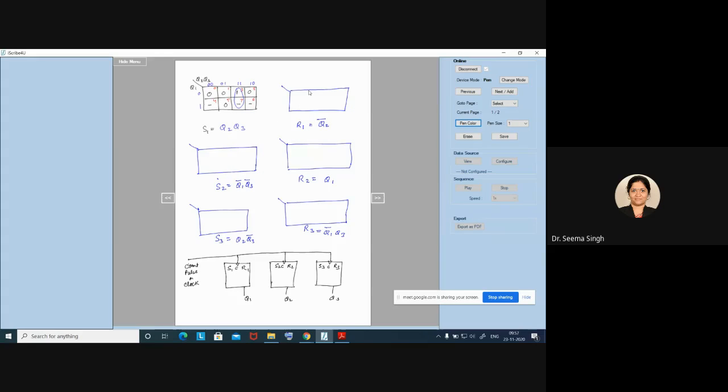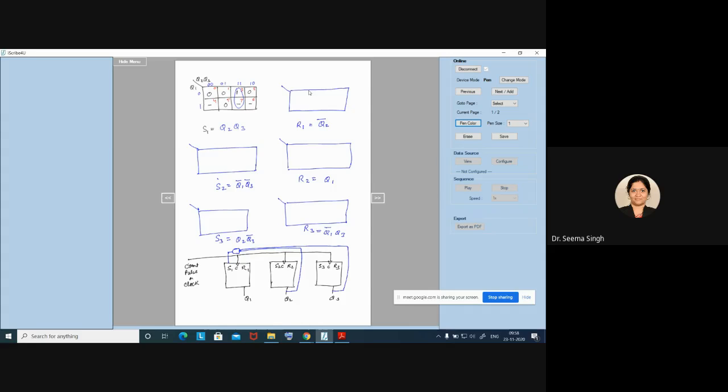So the S1 input will come from an AND gate of Q2 and Q3. So I will have one input of this AND gate coming from Q2, and another input of this AND gate coming from Q3, right?